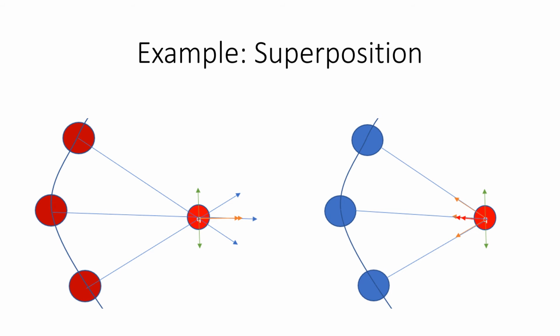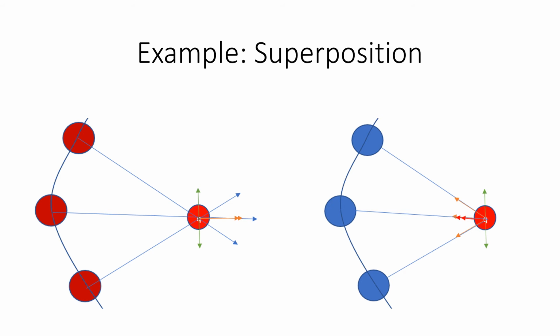Now, as we know, we can split a vector into two or more components. Here, if we want to split the vector into two components, say an x component and a y component, the x components of the vectors are denoted by orange lines and the y components by green lines.